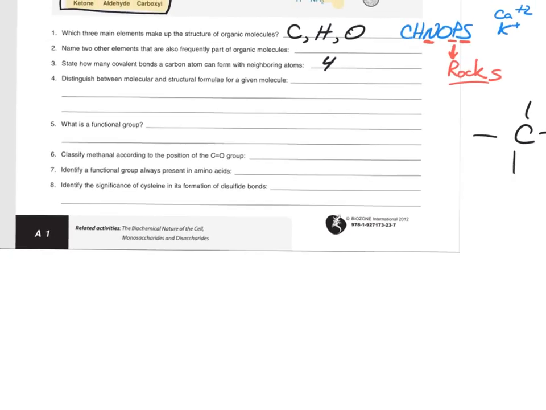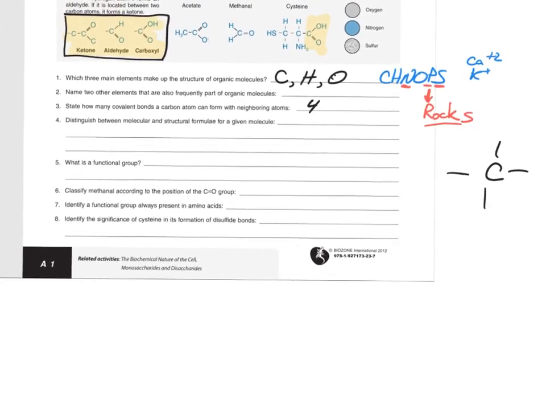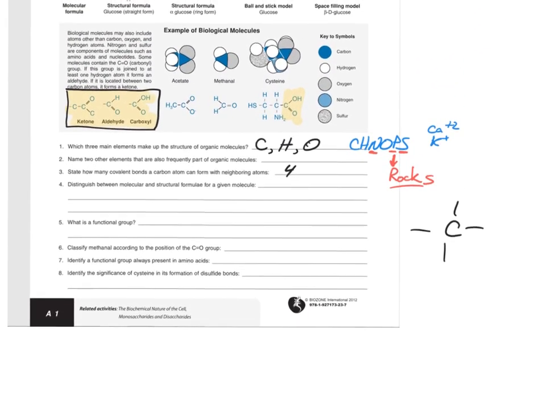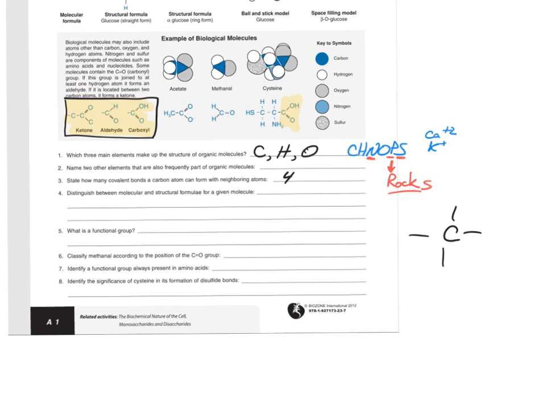Classify methanol according to the position of the C double bond O group. Do you see that? C double bond O. There's methanol. What kind of group does methanol have? Is it an aldehyde, a ketone, or a carboxyl? A carboxyl would have a double bond O, right? And an OH. Does this have an OH?